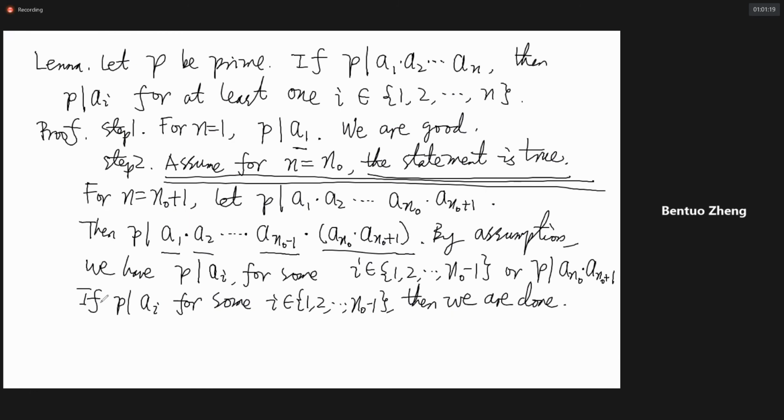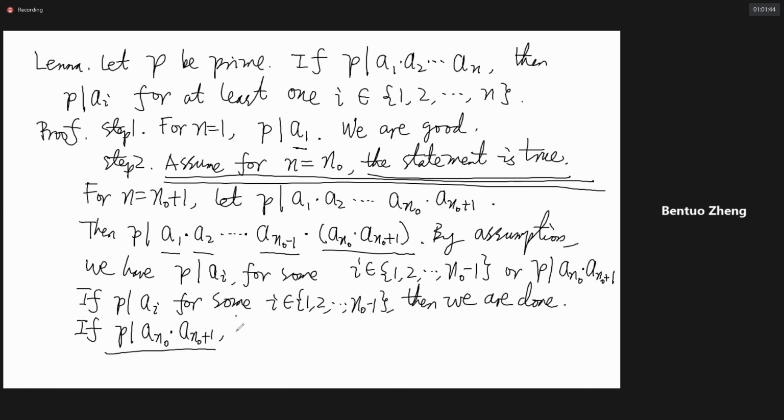So if P divides An0 times An0+1, now for this step we need to use our previous lemma, which showed that if P divides the product of two numbers, then P has to divide one of them.